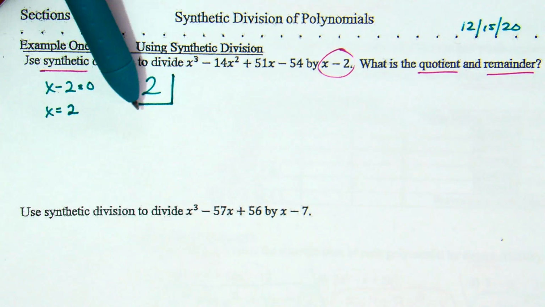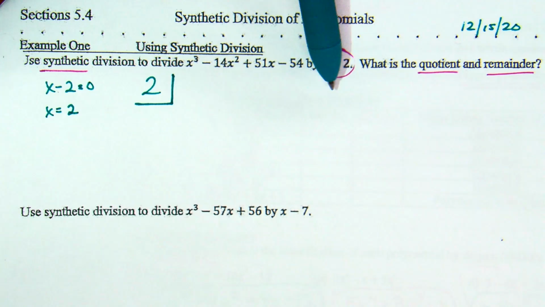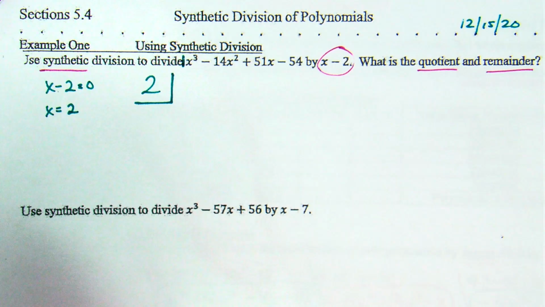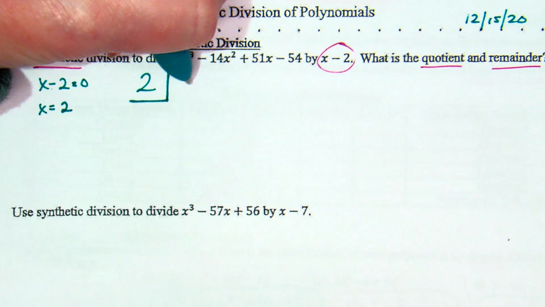Now, next to this 2 in my partial box, we're going to do a row of numbers. The row of numbers are the numbers that represent each term, so the coefficients. Now, always make sure all place values are represented. So we start with our highest power, x cubed. What's the coefficient or the number in front of x cubed? 1. So I'm going to have a 1. What is my number in front of my x squared term?